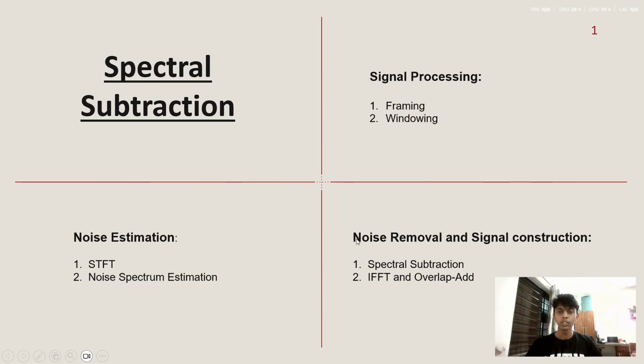And the third step is removal of the noise and reconstruction of the signal into speech. These three steps have subparts, which include framing, windowing, short time Fourier transform, noise spectrum estimation, spectral subtraction, IFFT, and overlap add.